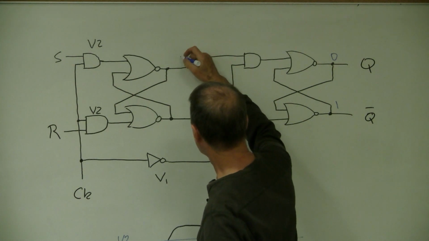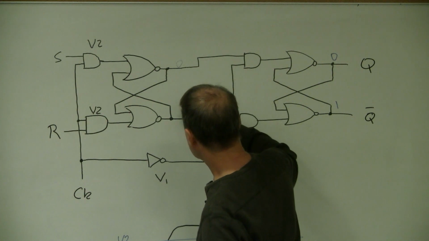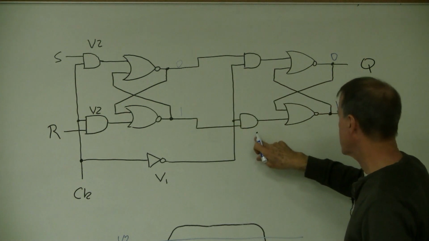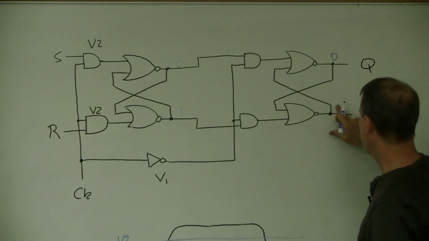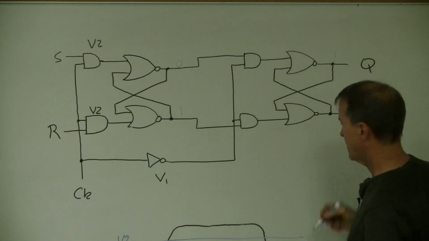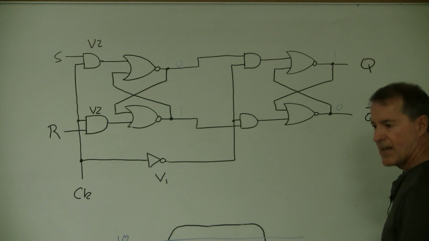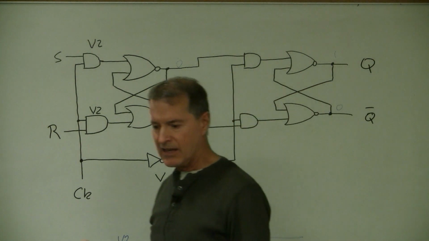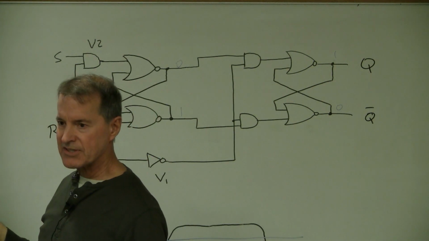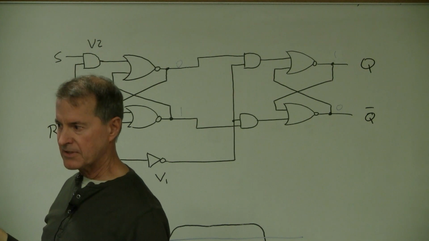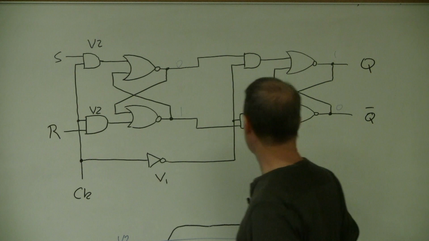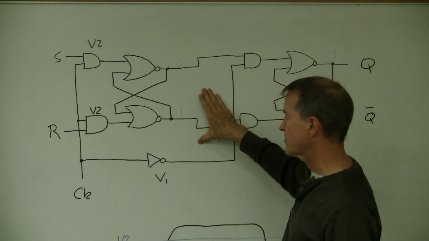We had a 1 here? Yeah, so 0 now. So if this is 0 and this is 1, then this one goes through this and forces this to be 0 and forces this to be 1. Are you with me? So what we're saying then is that the master is connected to the slave at that point. Or maybe you can say it the other way around: the slave is connected to the master.